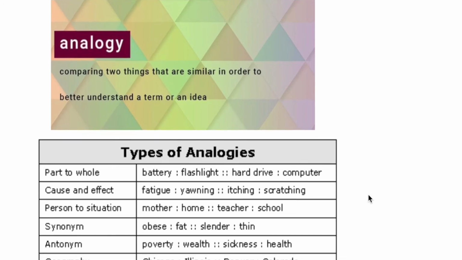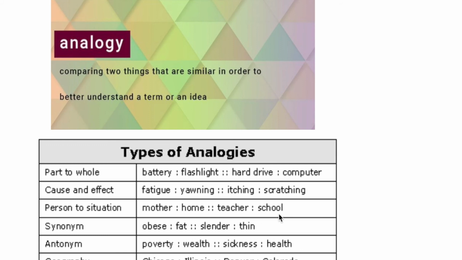We have part to whole, we have battery to flashlight, hard drive to computer. So we're talking about the parts that's inside. Cause and effect: fatigue, yawning, and so itching is for scratching, right? So if you're tired, then you yawn. So if you're itching, then you scratch. Mother is to home, teacher is to school.